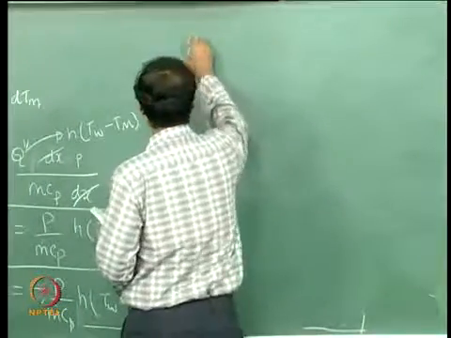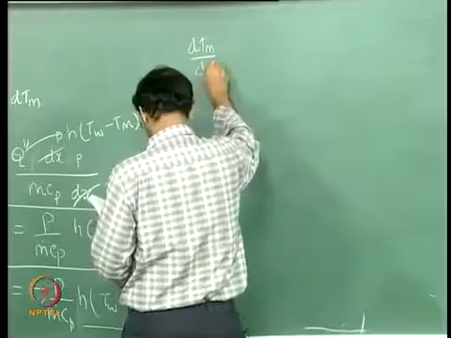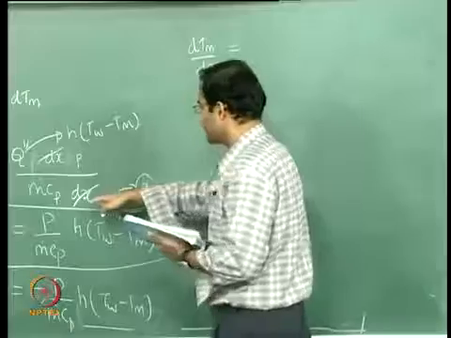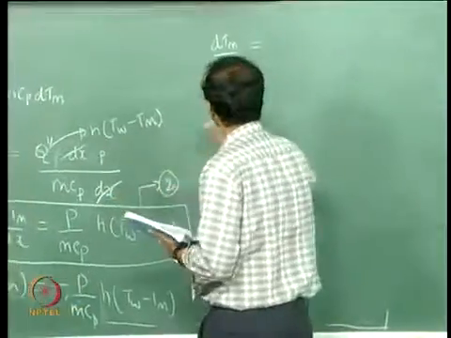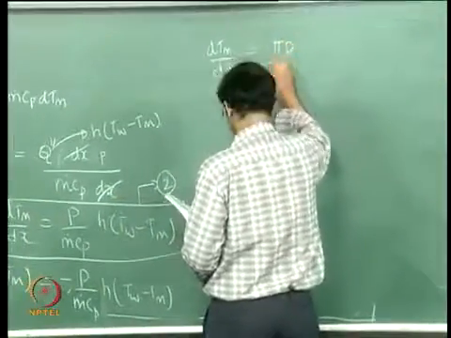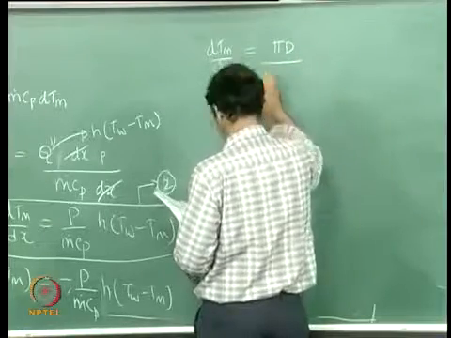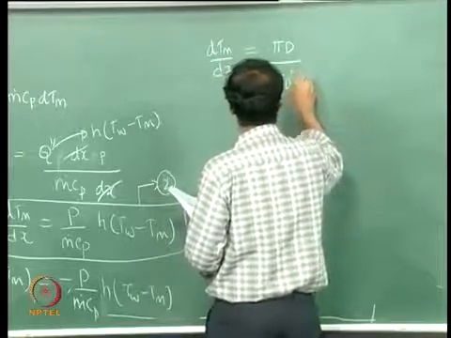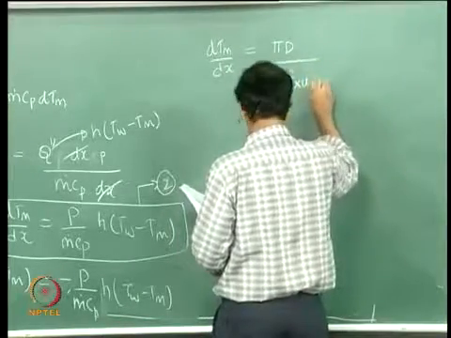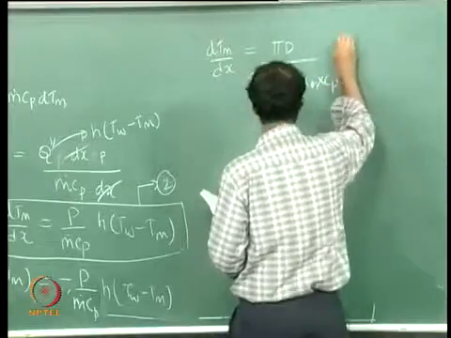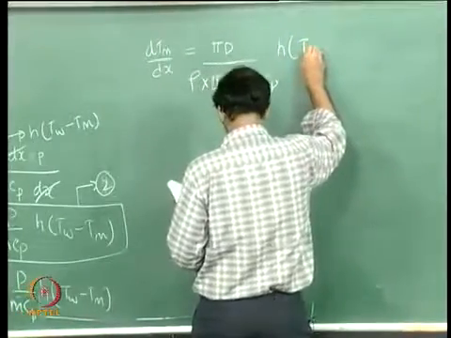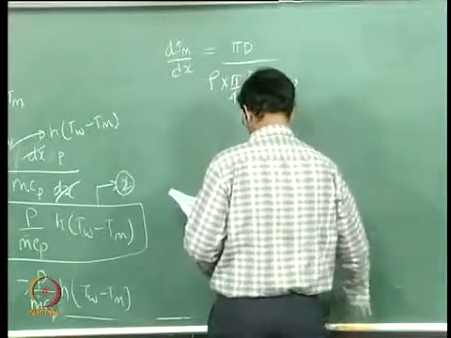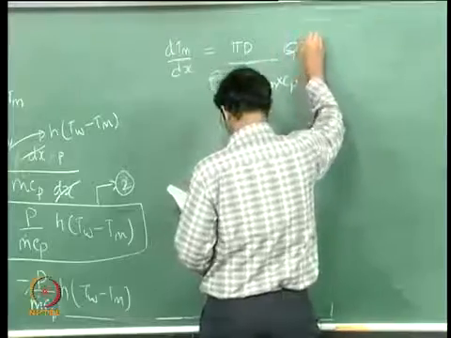you can write your dTm by dx as, for the case of circular duct your perimeter is 2 pi r, so pi d, divided by your mass flow rate, which will be rho into pi by 4 d square into the mean velocity um, into Cp. So h into (T wall minus T mean), I can replace this by your heat flux q double prime.